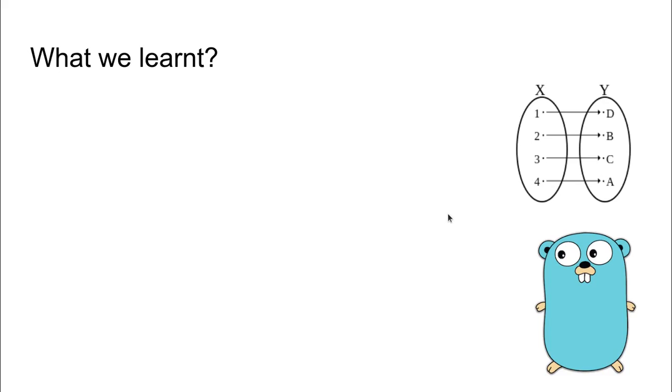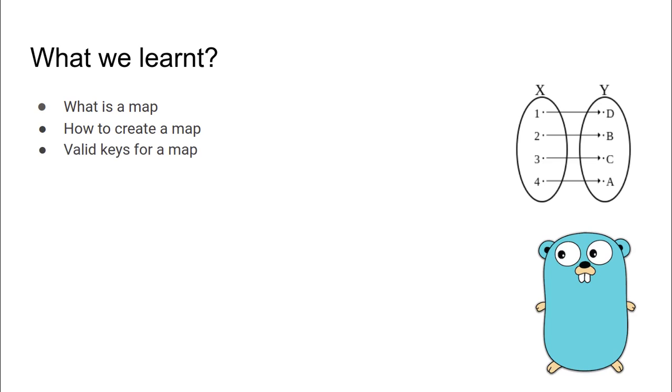So that brings us to the end of our discussion for today. Let us quickly see what are the things that we learned today about maps in Go. We learned what is a map. A map is simply a key value pair type data structure. We saw how to create it using the literal syntax. We also saw how to use the make function to create a map. What are the valid keys in a map?